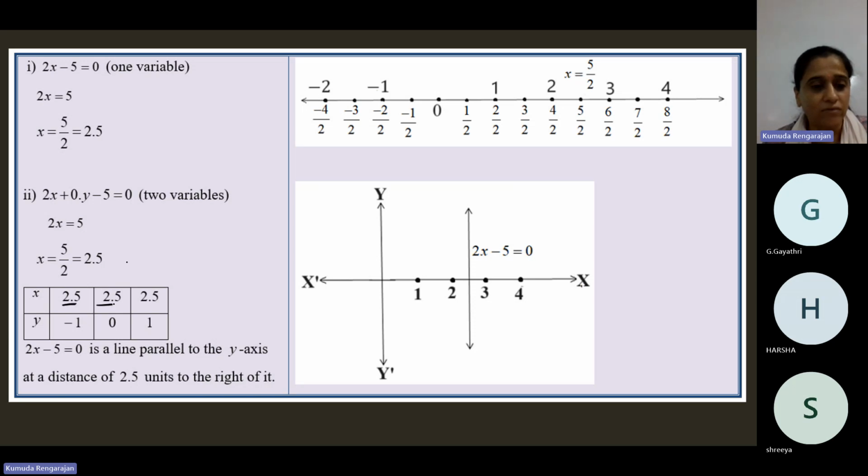So see here, x is always 5 by 2 or 2.5, irrespective of the value of y. You can give any value of y. You can say it's minus 7, 0, 11, whatever. You can give any value for y.